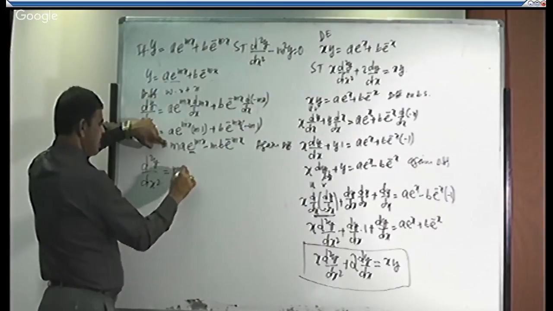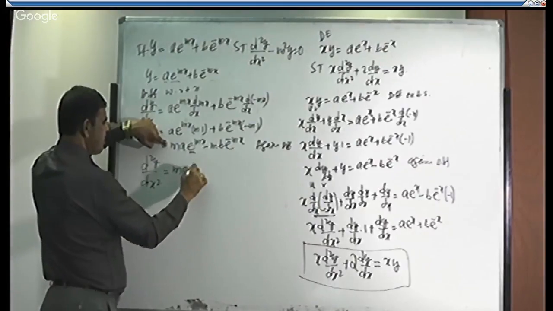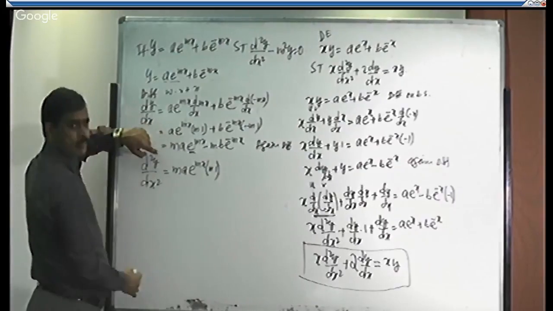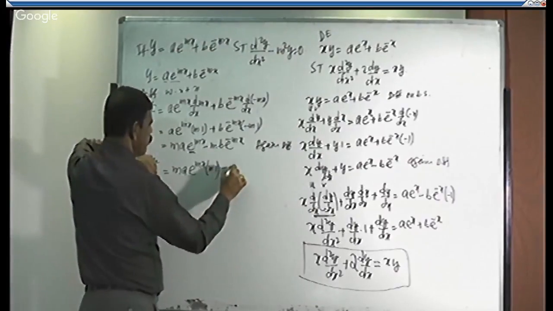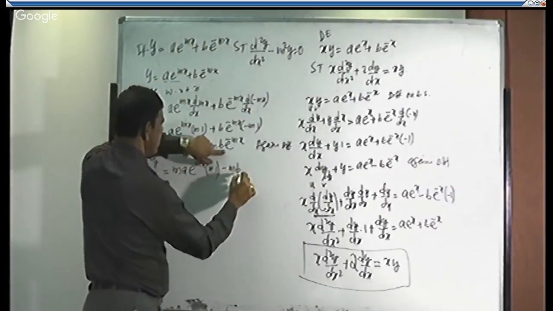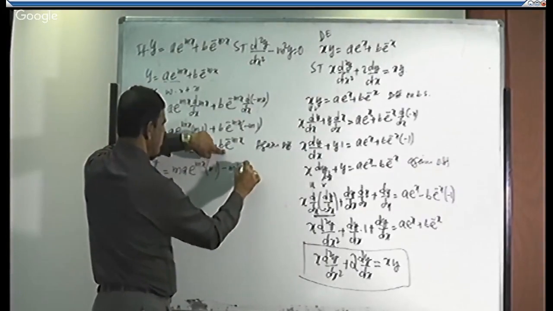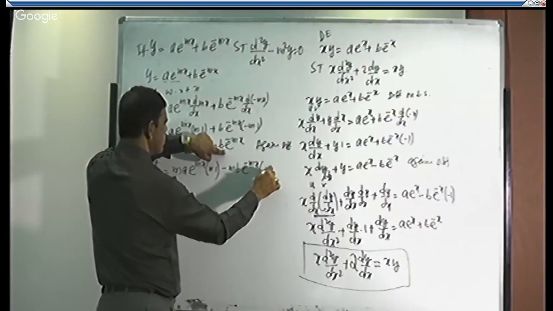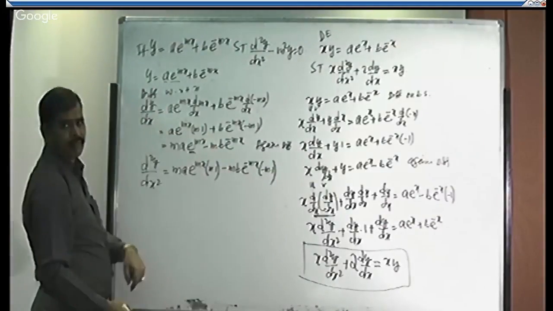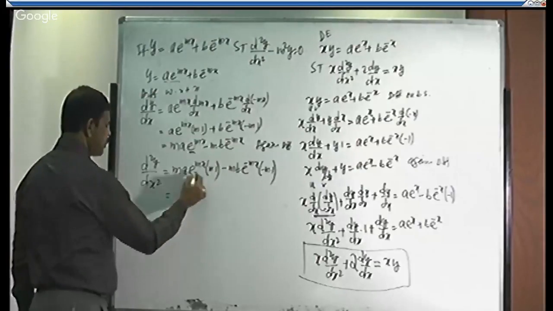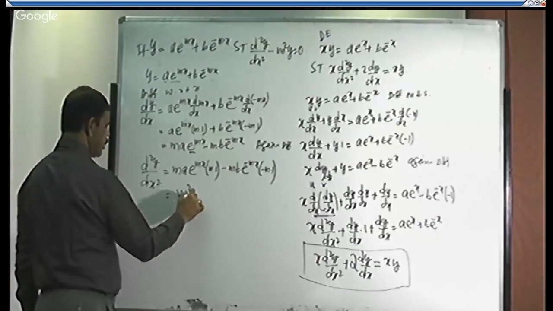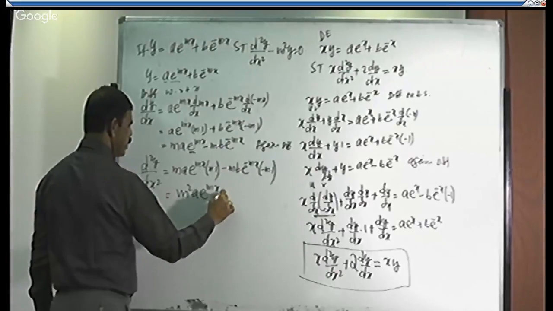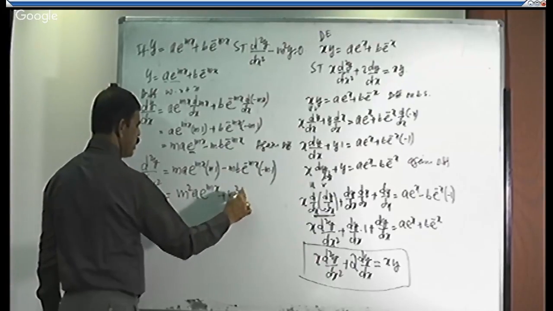Constant is ma into differentiation of e power mx, into m into 1, minus mb, e to the power of function is minus mx, into differentiation of minus mx, m into 1, right? Now this m is what? m square a e to the power of mx minus into minus plus m square b e to the power of minus mx.